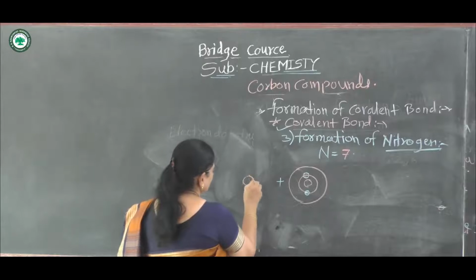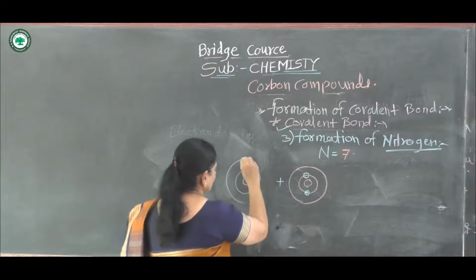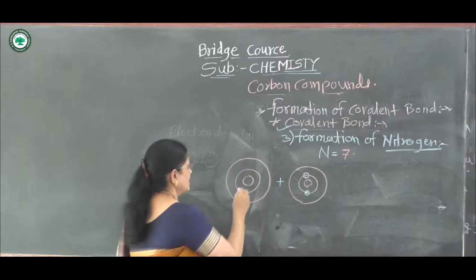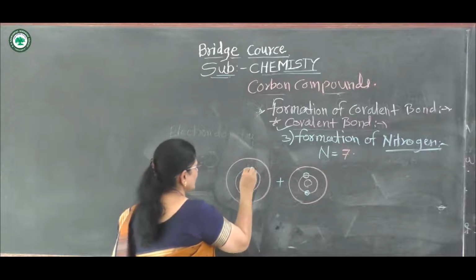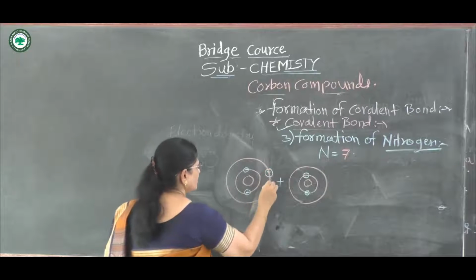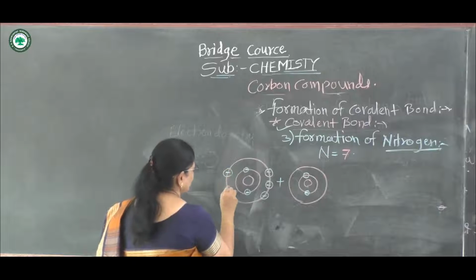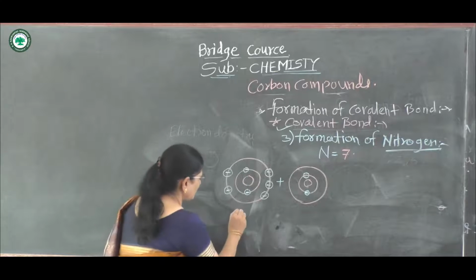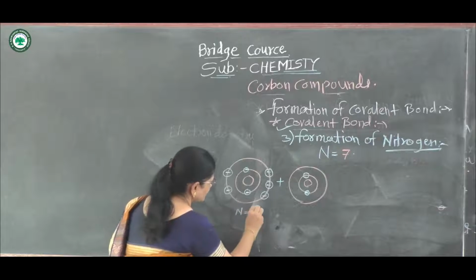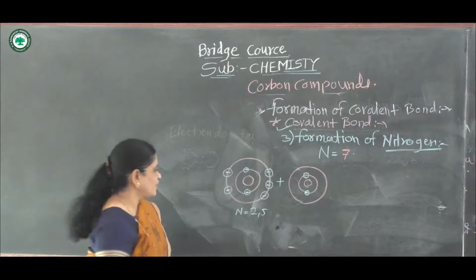Here nitrogen, this is the first orbit and this is the second orbit. In the first orbit go 2 electrons, then the remaining 5 electrons in the second orbit. The electronic configuration of this nitrogen is 2 and 5.